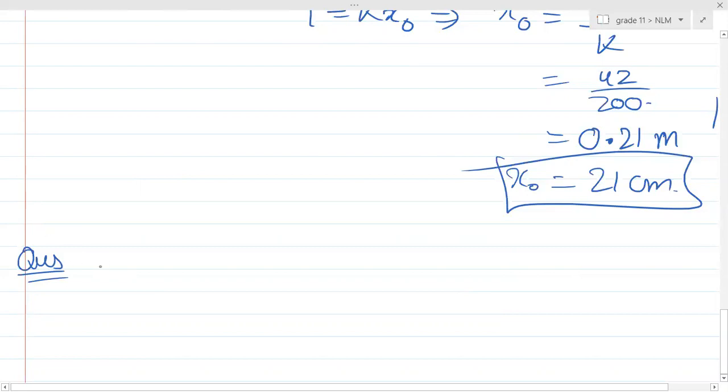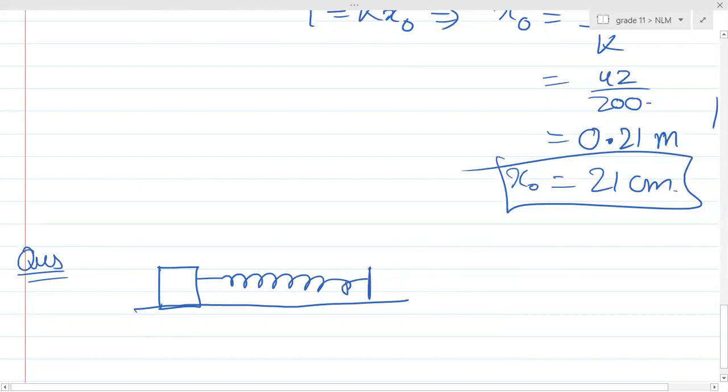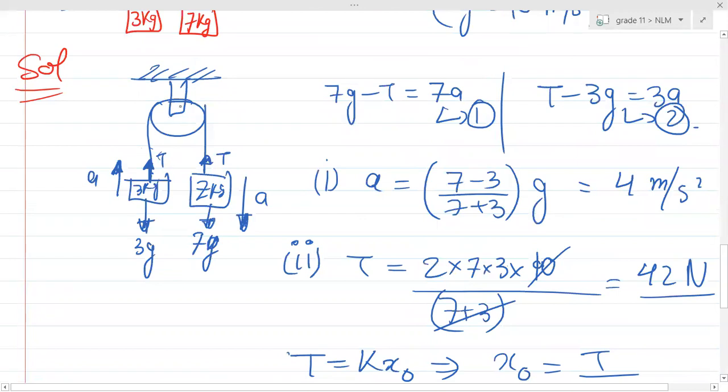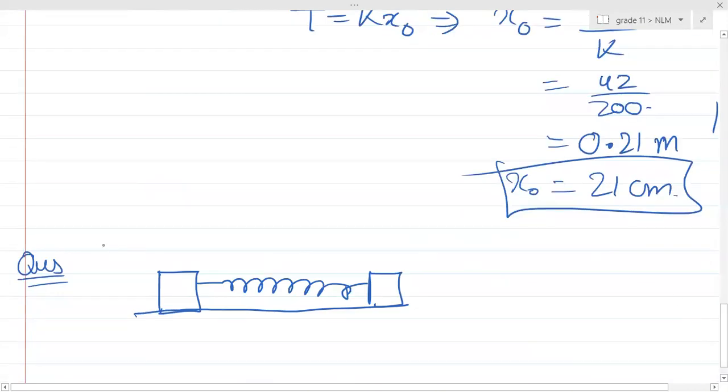So question, suppose there are two blocks. Please remember, guys, when the deformation is constant, then the acceleration of both the ends of the spring will be the same.